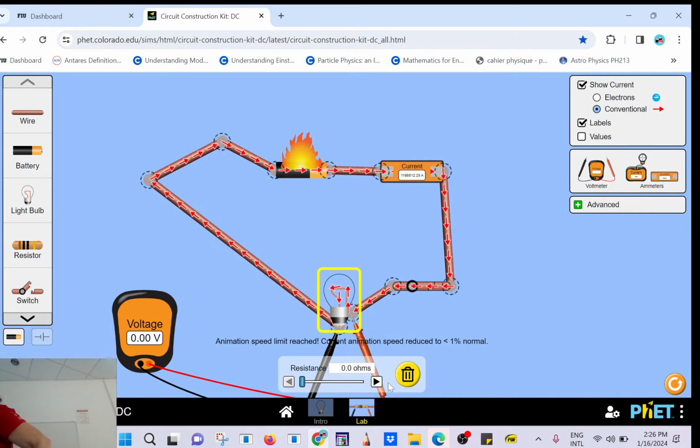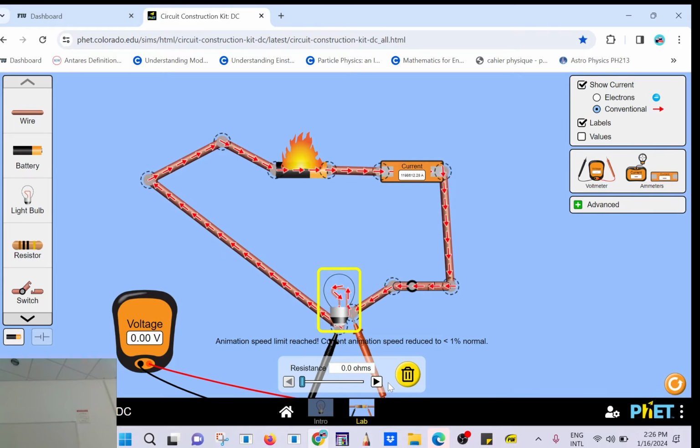So let me show you very quickly here. I have a simple circuit. That will be the, how do we call that? The power supply. What's going to be the voltage here?